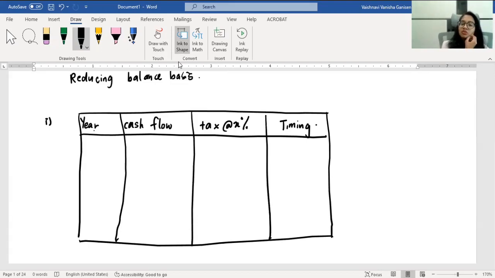When you do your reducing balance basis, in year zero, cost. Year one, you start to depreciate. He must give you the reducing balance percentage. This is your depreciation, and you get net book value.